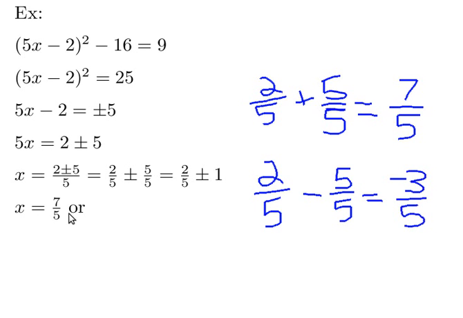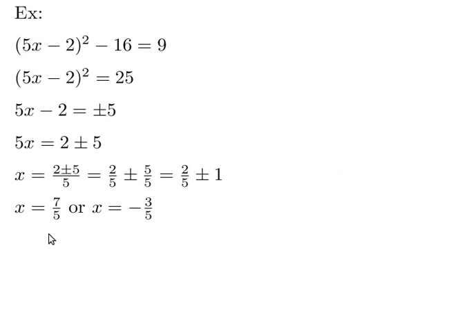So x equals 7 fifths, or x equals negative 3 fifths. Okay, so that means that these are as simplified as they go, so these are our individual answers. X equals 7 fifths, or x equals negative 3 fifths.